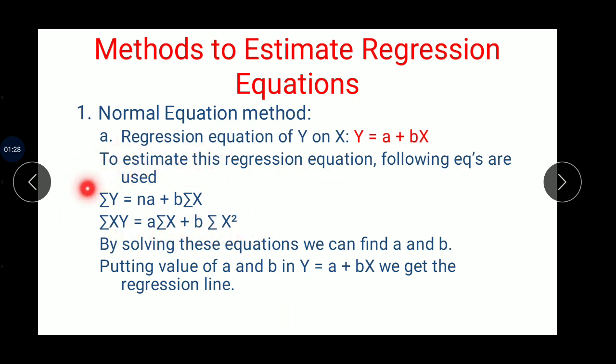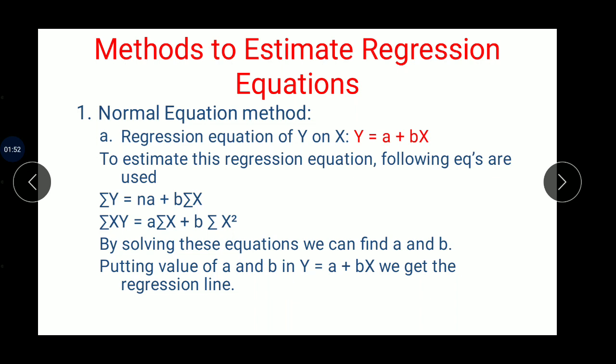After putting everything in this formula we get two equations in a and b. After solving these two equations we get the values of a and b, and by putting back the values of a and b in this equation we get our regression line.